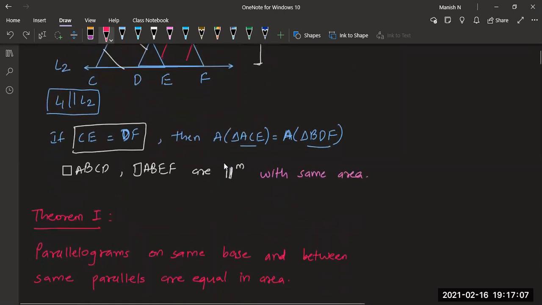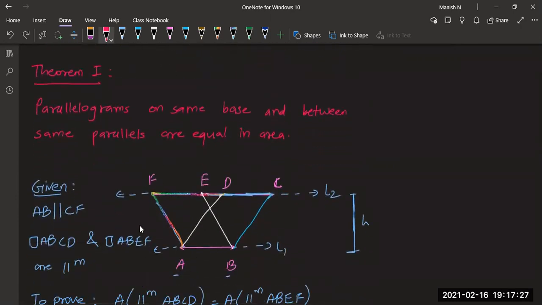Now let's start with a couple of theorems in this chapter. We will be proving that parallelograms on the same base and between the same parallels are equal in area. Same parallels means the same parallel lines, and same base means they have a common base AB. Let's interpret.